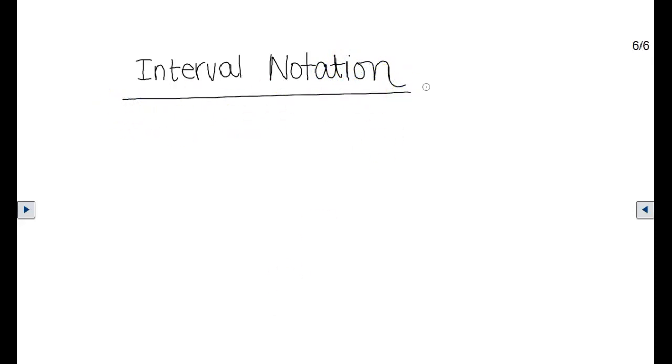So let's talk about interval notation. Interval notation is nothing more than another way to write an inequality. So the number line is a picture, and then the interval notation is another way to represent the inequality. Okay, now here's what you need to know about interval notation.